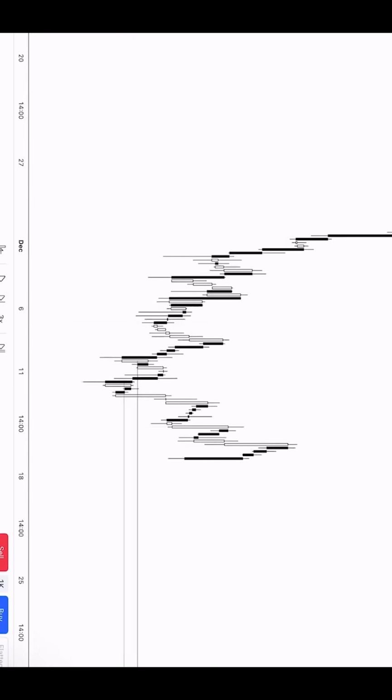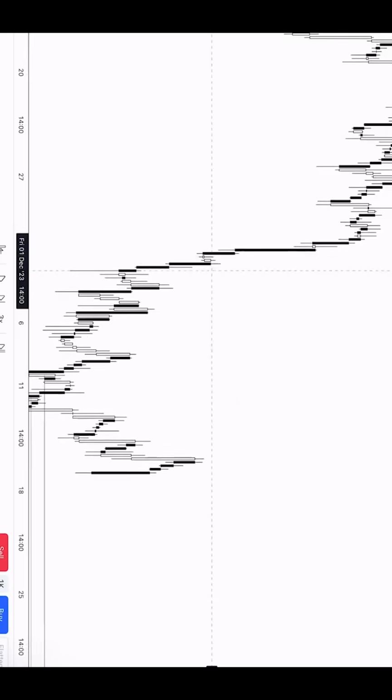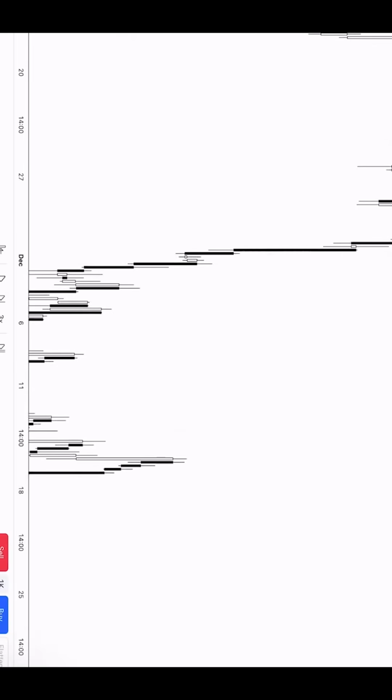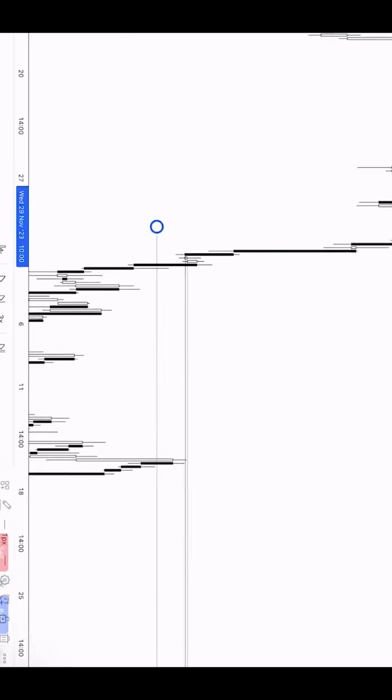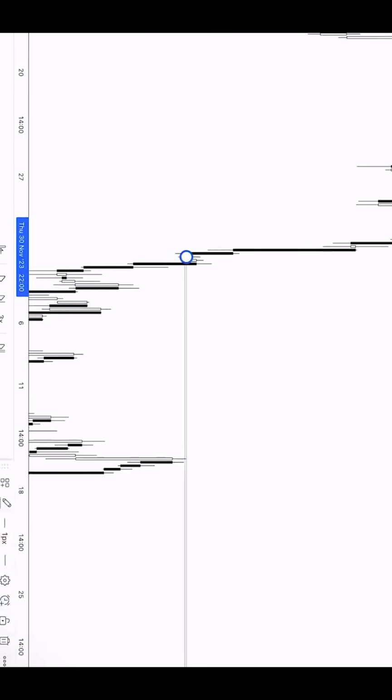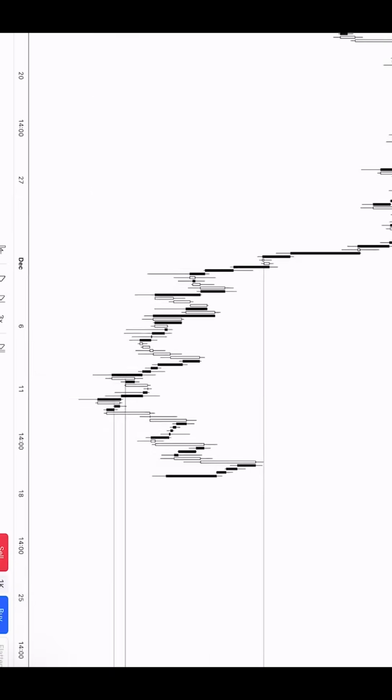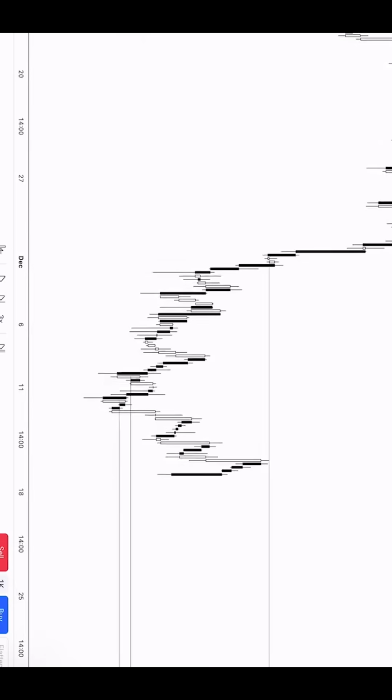So for example, right here on this 4-hour time frame, we see we have this demand level. And we know demands are very, very strong levels in the market.